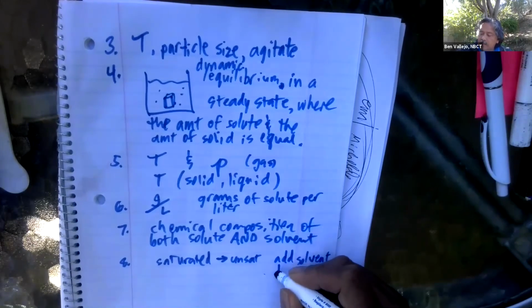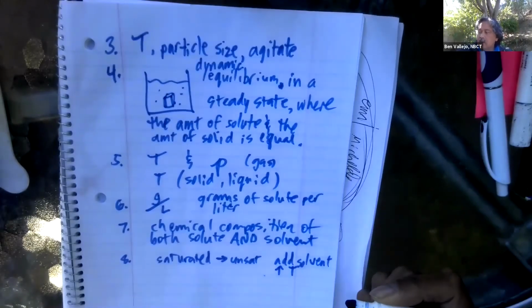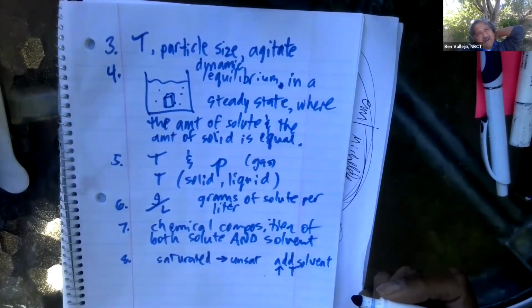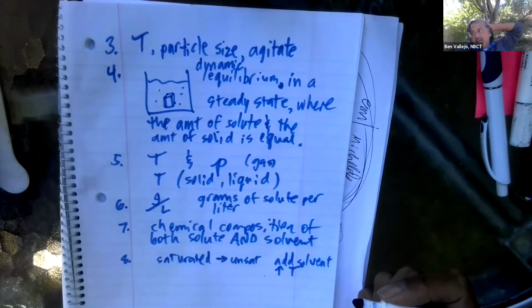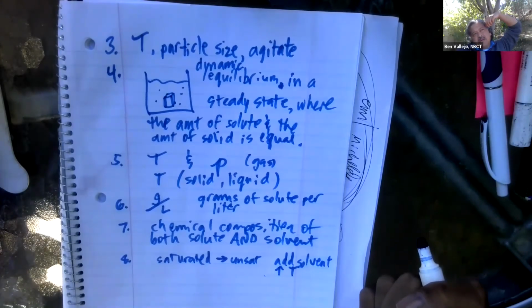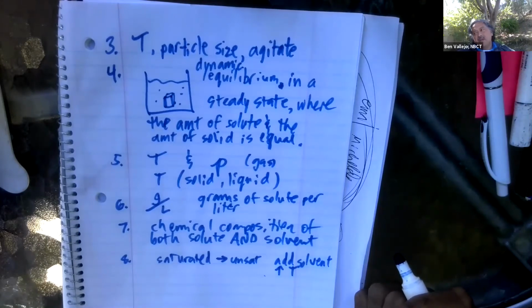You could also up the temperature. If you increase the temperature, this is why it rains in the tropical rainforest, and then over the desert it doesn't rain anymore, because as the air goes up in the atmosphere, it encounters cooler temperatures, and cooler temperatures can hold less of the water molecules in the solution, which is in the air.